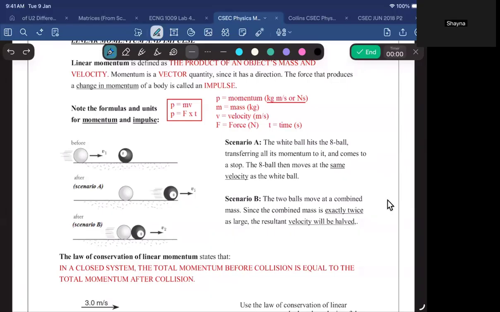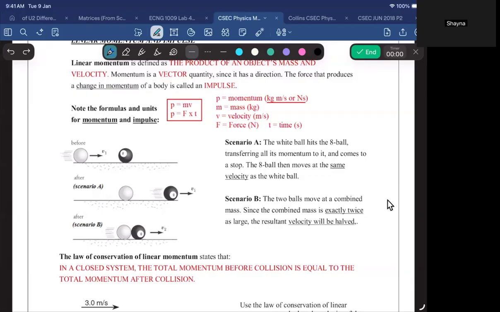Momentum is m by v, mass by velocity. And impulse could also be force by time.